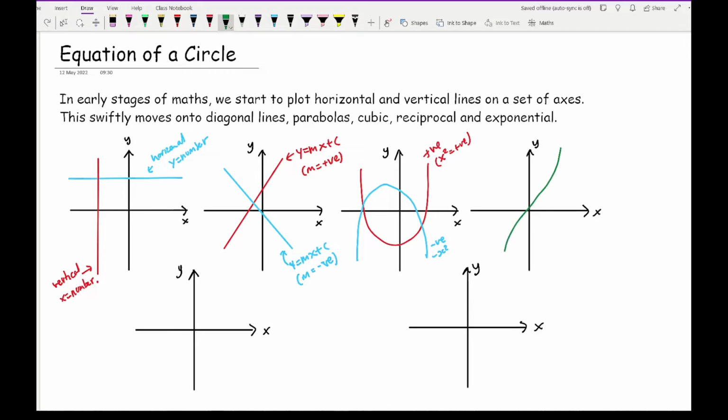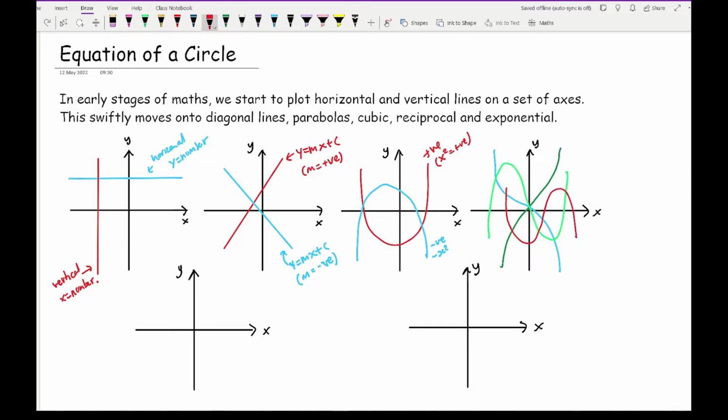So a cubic graph could look like this if it's got y equals x cubed. We could also have this here where we've got y equals minus x cubed. And we could also have cubic graphs that look like this, or we could have cubic graphs that look like that. So where it looks like an S shape.